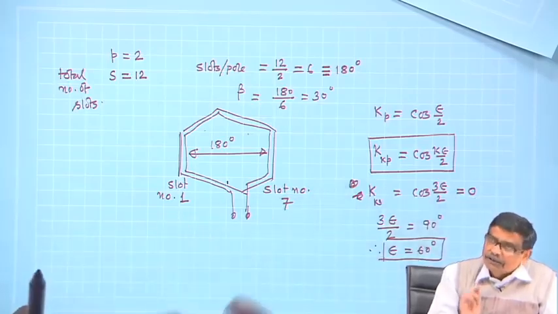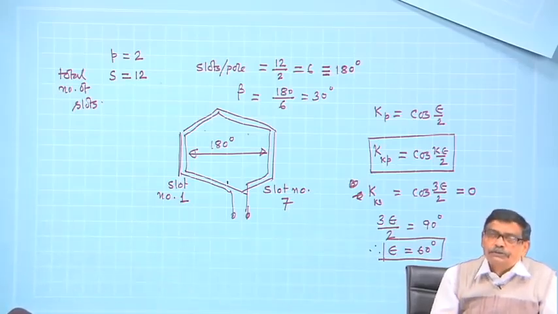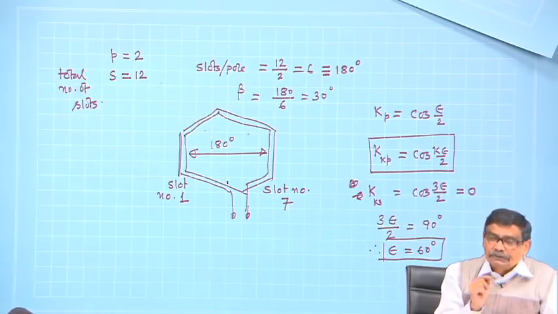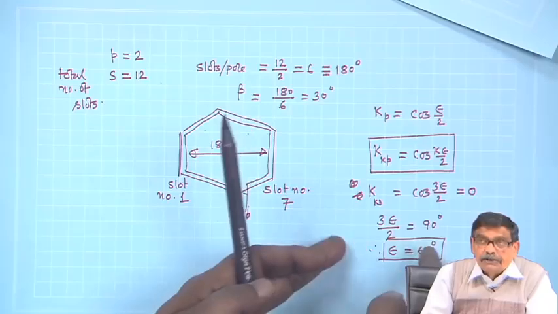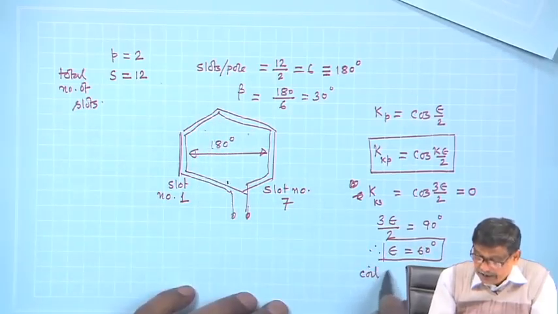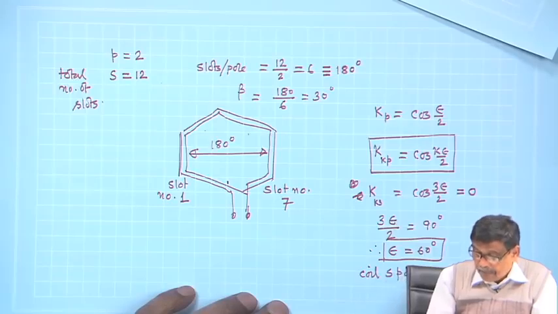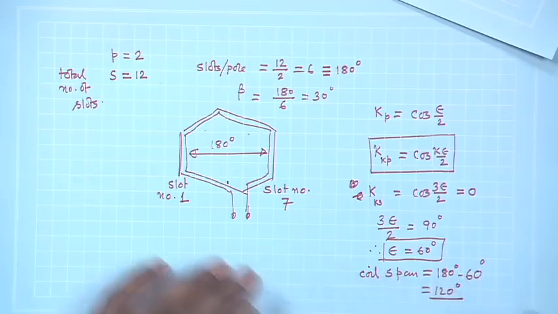In other words, what does that mean? Why will no voltage come? Because of that third harmonic poles, for this arrangement of the conductors, if you do like this coil span. So, coil span, make it 180 minus 60, and that is 120 degree, not 180 degree.